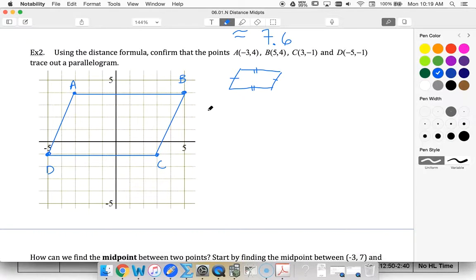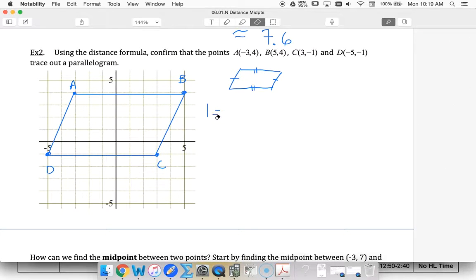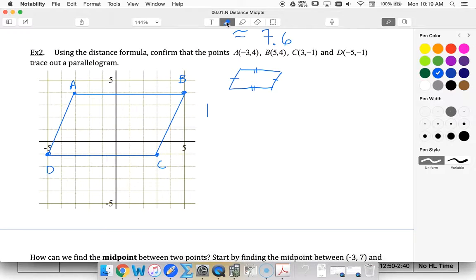So first of all, let's do the distance from A to B. We can use the absolute value symbols to show distance, because absolute value is a measure of how long or the magnitude of a line. So A to B is going to be, using my formula, square root. I'm going to start by doing x minus x, -3 minus 5 squared, plus y minus y, 4 minus 4.